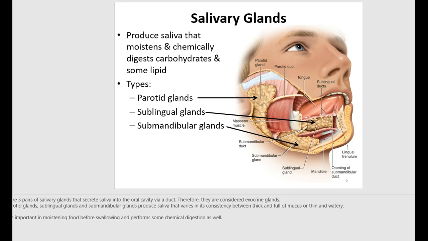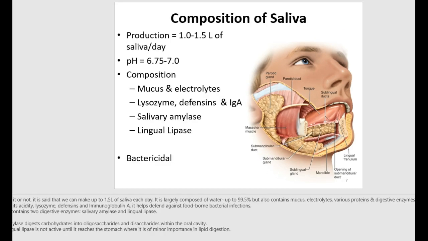So let's look at what saliva is made up of. Believe it or not, it's said that we can make up to 1.5 liters of saliva each day. That's a lot.